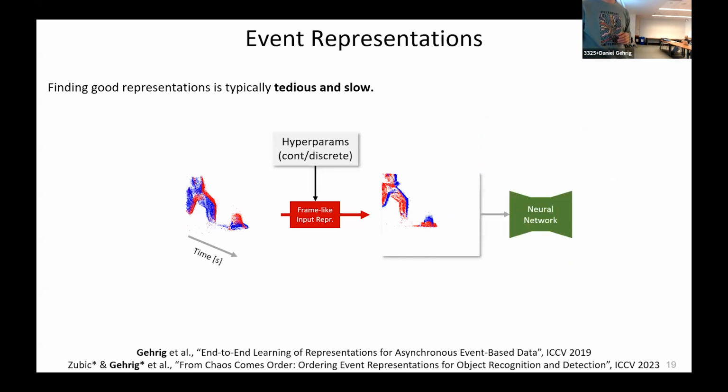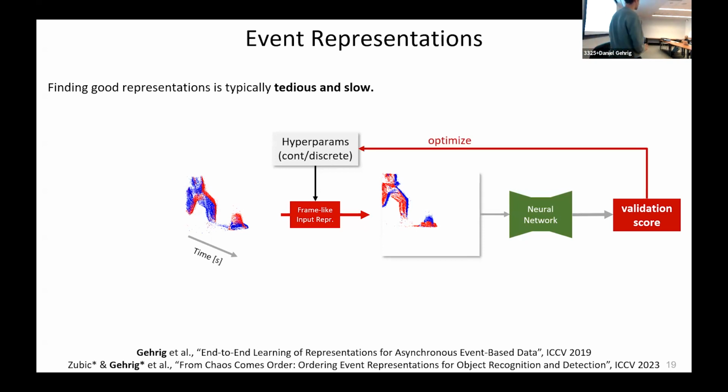However, all of them have one thing in common, which is that to find them or to validate them, you usually have to stick a neural network at the end, train your neural network on that representation, and then check the validation score. And this is usually how they are then sold. So they say our representation achieves X% improvement in the validation score.